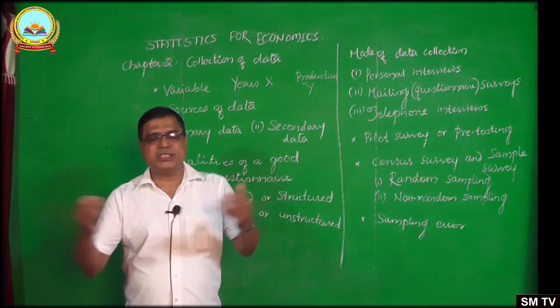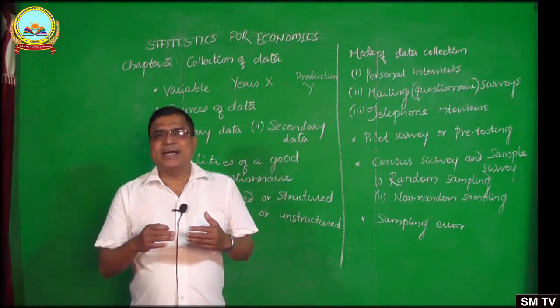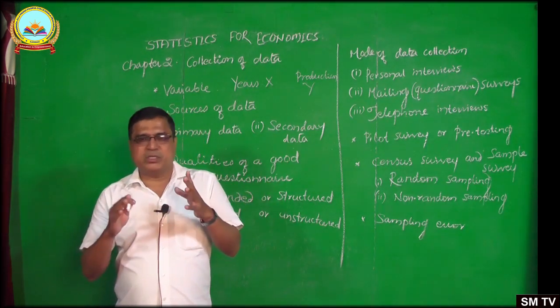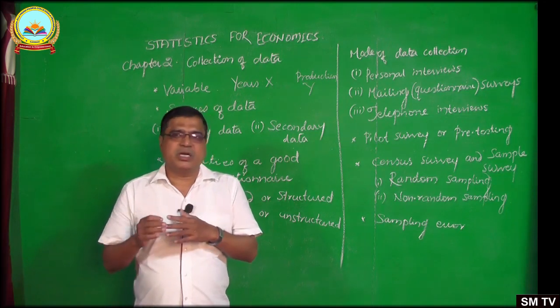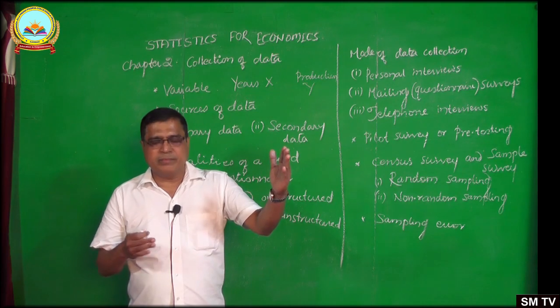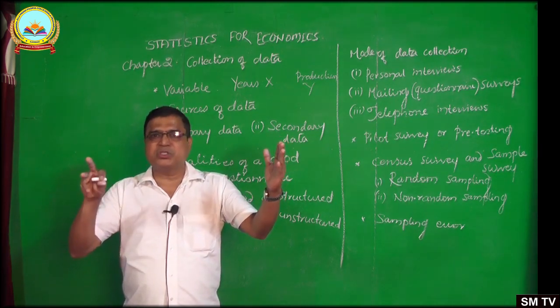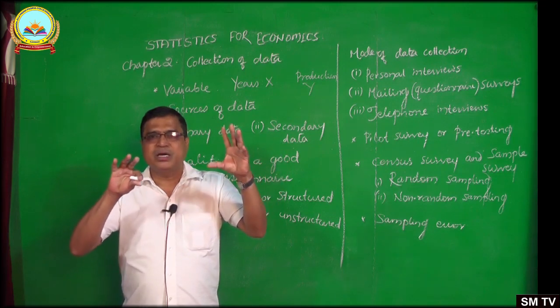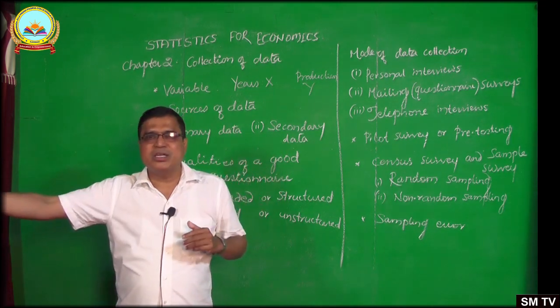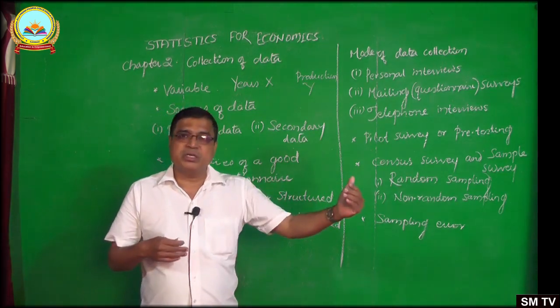There can be interaction, all the doubts can be cleared, and one more advantage is that the enumerator can grasp or understand the facial or emotional reactions of the respondent, which will give some additional information for the enumerator.